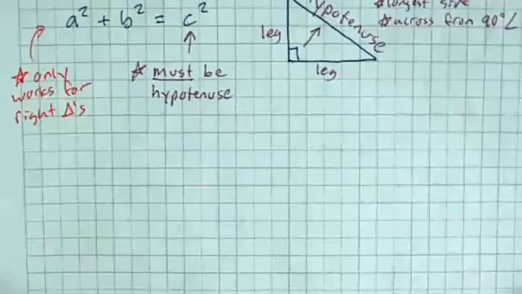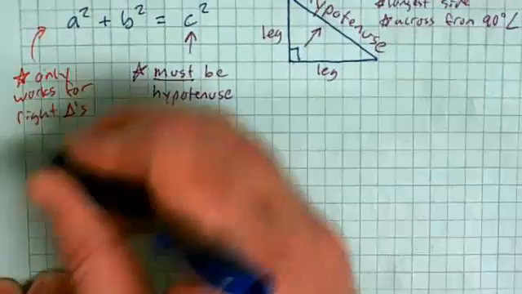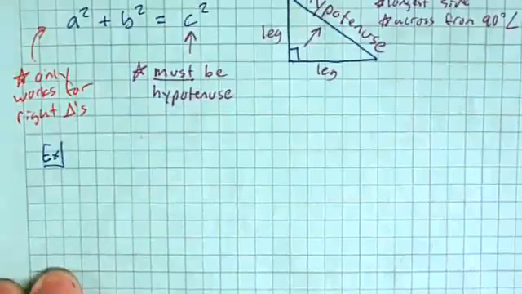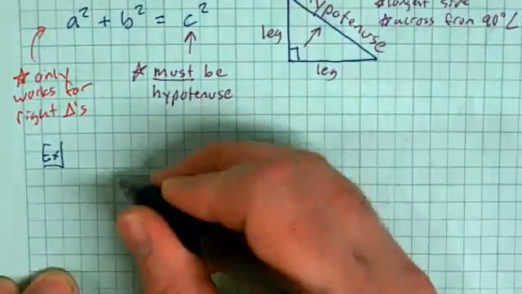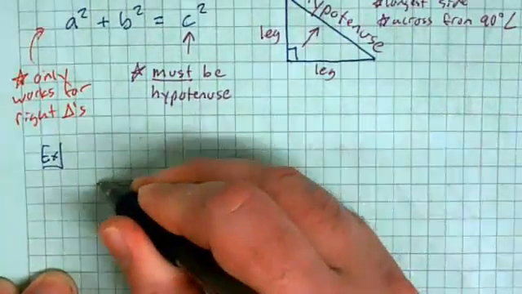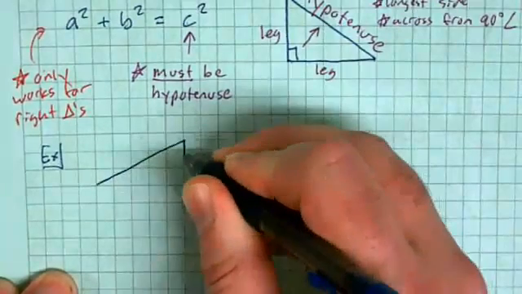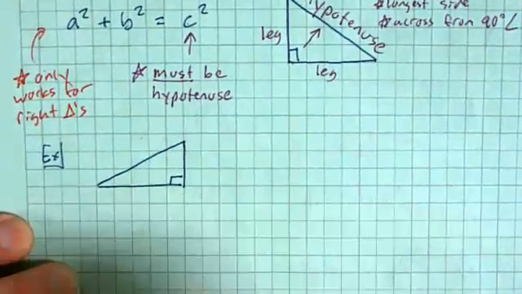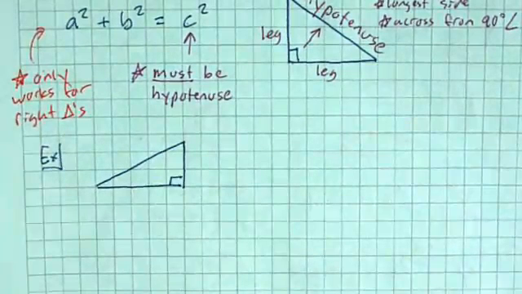So we're going to put a couple of examples in here. Pythagorean theorem is useful when you've got a triangle and you know two of the sides, but you're trying to find the third one. So let me draw a right triangle. It's got to be a right triangle, right? Because the Pythagorean theorem only works if it's a right triangle.